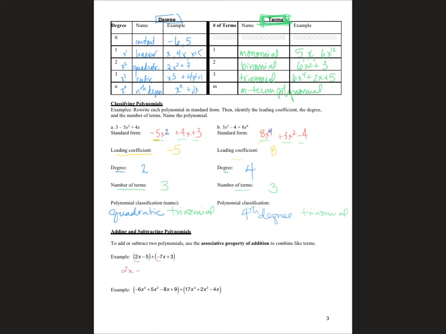You don't have to. So I'm going to combine my x terms. I'm going to combine my constants. And then if I actually combine them, I'm going to get negative 5x minus 2. And that's my final answer, because I can't combine them.